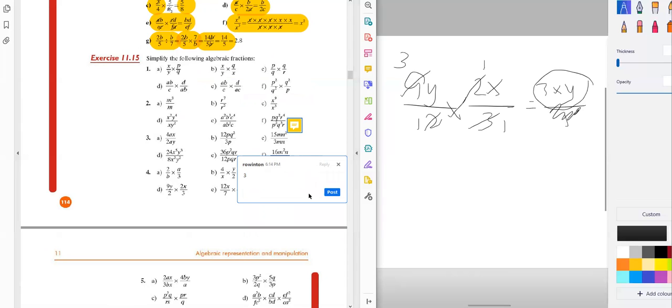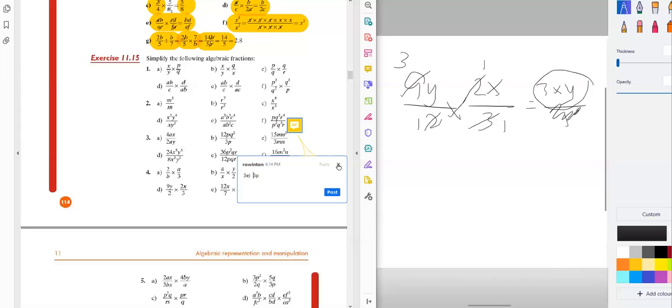Then after that, the P and P, you have P squared on top, P at the bottom, so you can cancel one of the P, then your answer becomes P. Q and Q will eliminate each other because one Q on top, one Q on the bottom, cancel each other. Then the R and R also cancel each other. So in the end, your answer becomes 3P only for question 3C, 3E. Yeah? So for question 3E, your answer is 3P in the end.